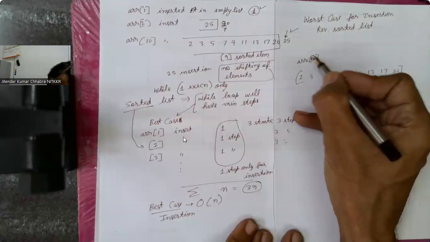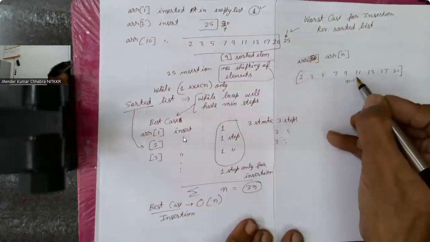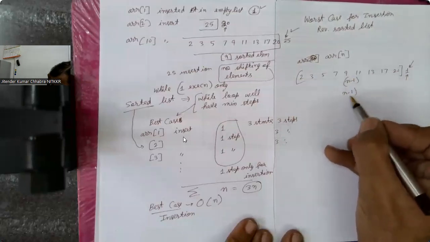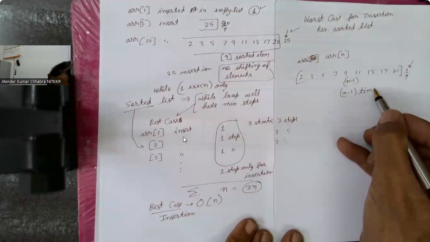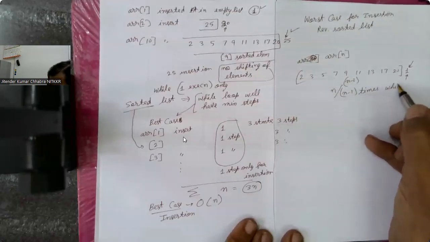So I'm talking of some element array n to be inserted, and n minus 1 elements are already in the list. Let's say this value was 1. Now, if this value is 1, n minus 1 times or n times effectively my while loop will execute.